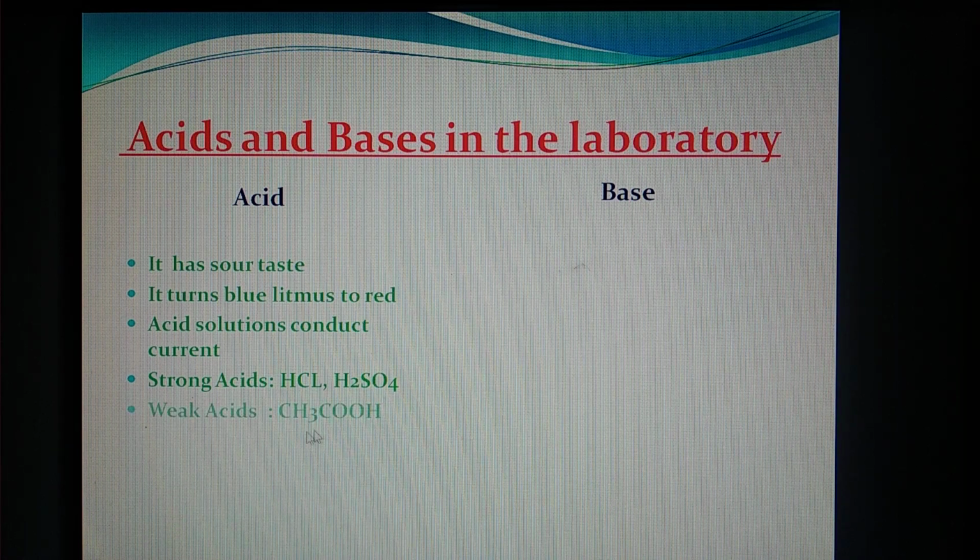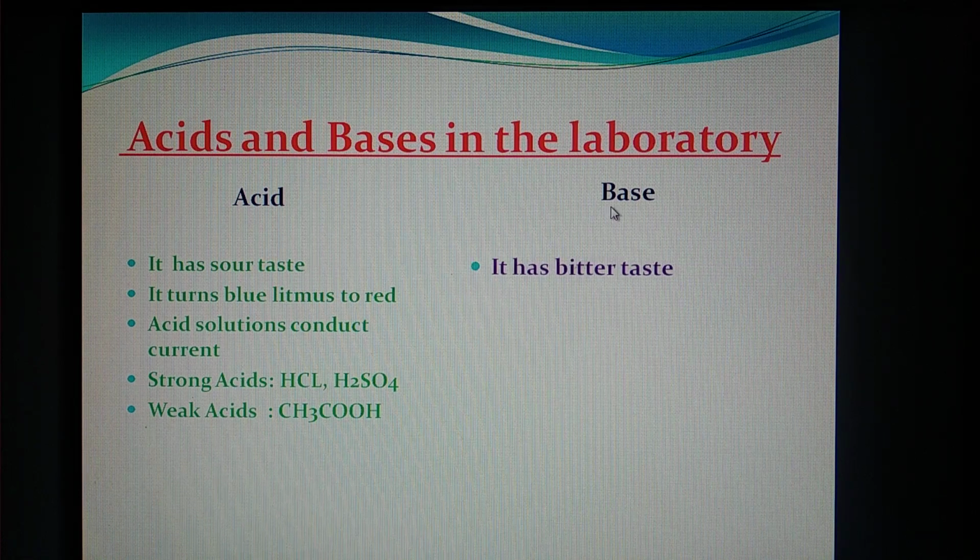Next, an example for low concentration acids, that is weak acid: CH3COOH, acetic acid, it is an organic acid. All the organic acids are examples of weak acids. Okay, these are the properties of acids.